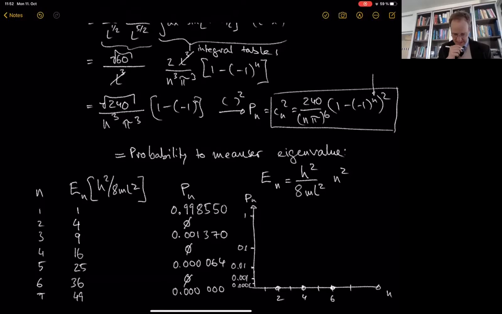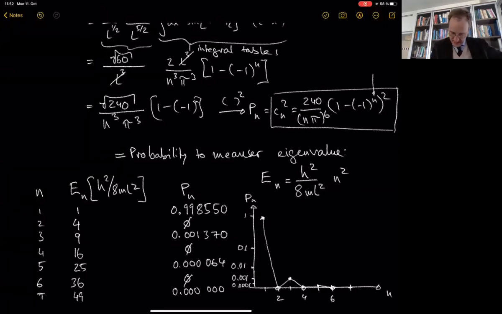So at 1, we are nearly at 1 here, right? And then we must go down to 0. And then at 3, we had 0.0013. Right? So that's roughly here. We go up here. And then we must go down to 4. And then at 5, on this scale, we are hardly anywhere. And now for 7, numerically, we cannot see it. Right?